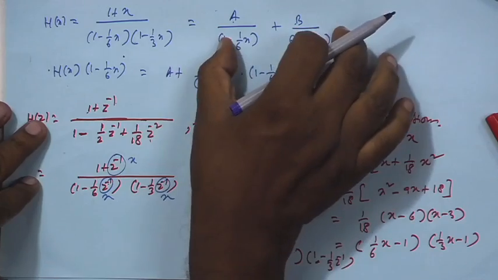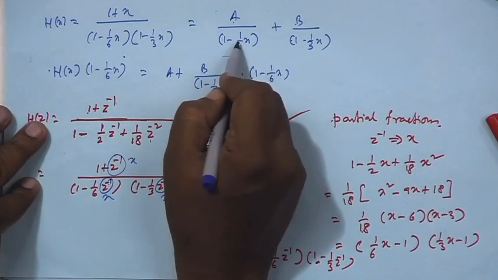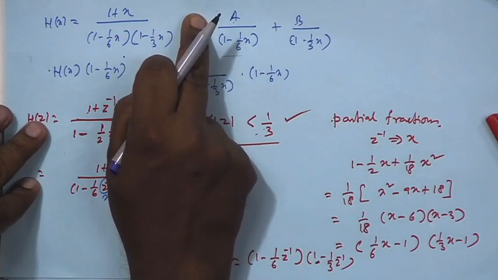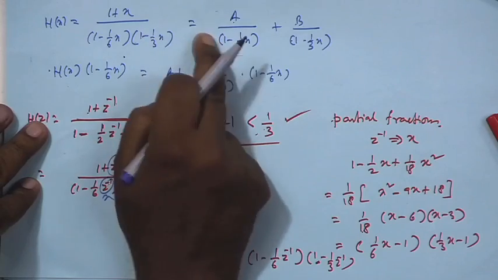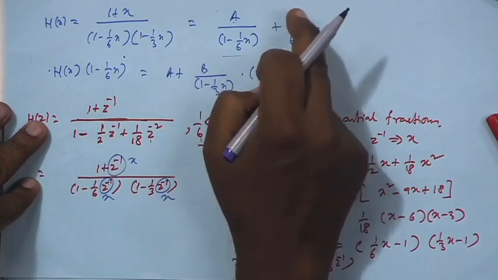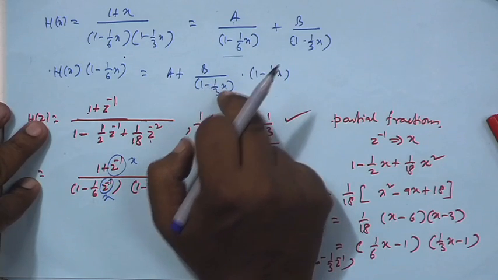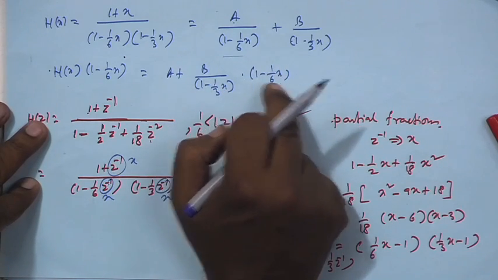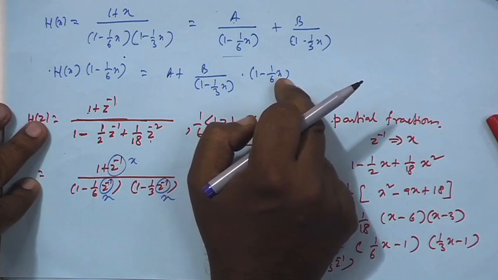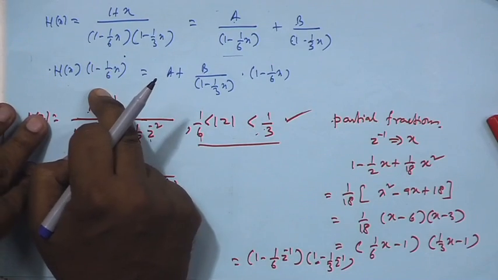I am multiplying both sides by this factor. When I multiplied, this and this cancelled and I got a back. But in case of b, no cancellation, so b by 1 minus 1/3 x remains, multiplied by the factor on the left hand side.